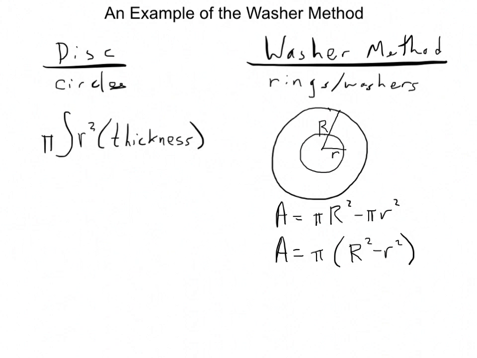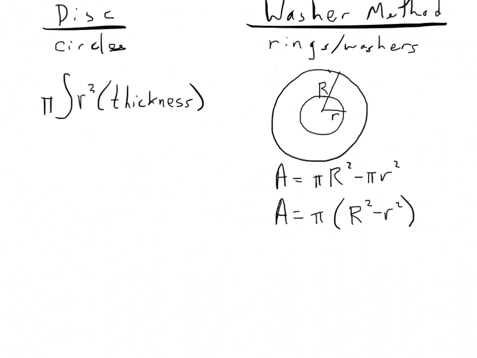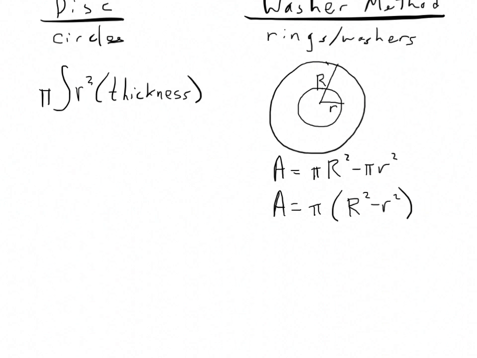So, long story short, if you've revolved something like you saw in the past video where we did lots of examples, and the cross sections are washers or rings like this, the steps we take are going to be the same as in the disk method. Step 1 was to identify thickness. Step 2 is where we identified the radius.